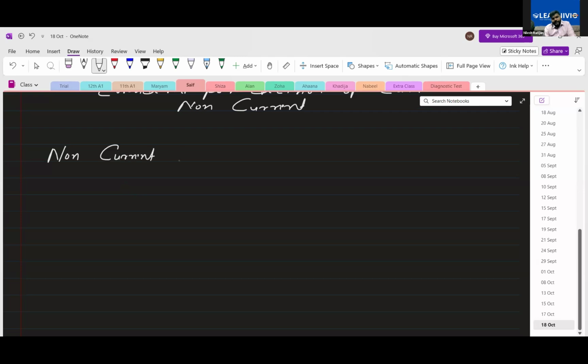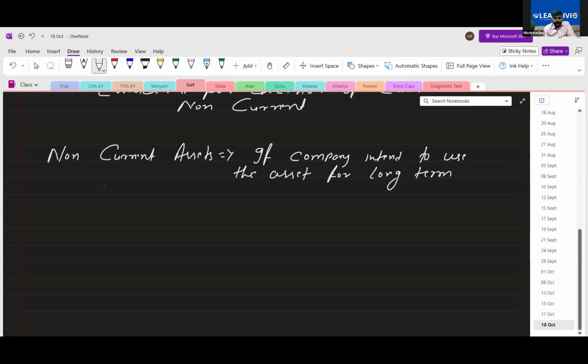When we say non-current assets, if a company intends to use the asset for long-term purpose, that is more than 12 months or operating cycle, then it is non-current asset.